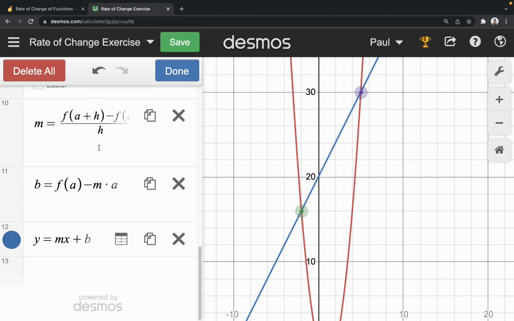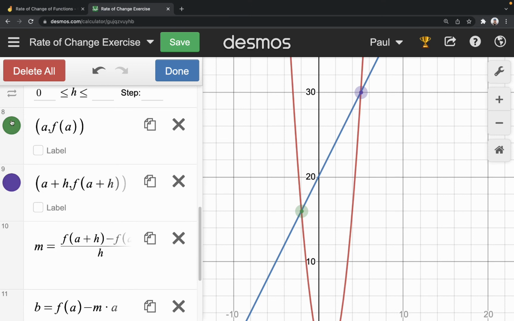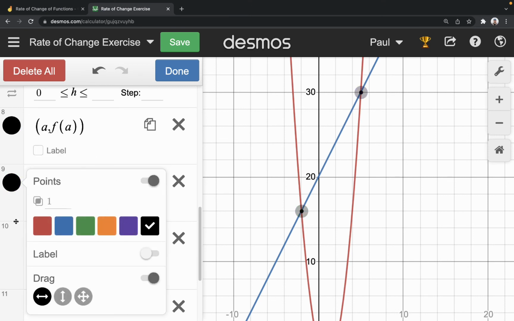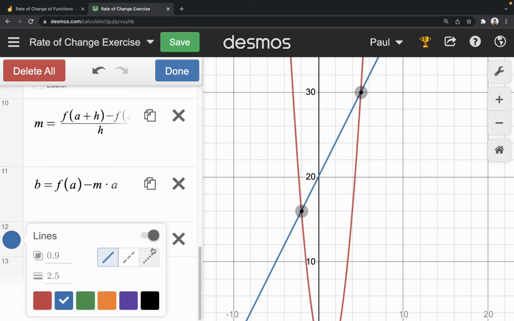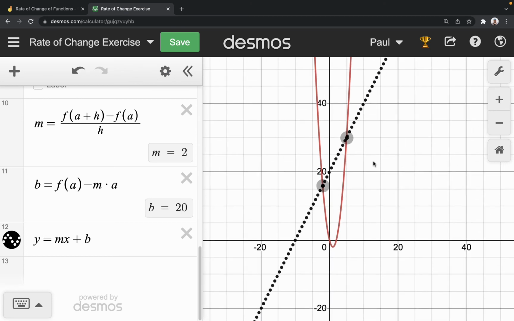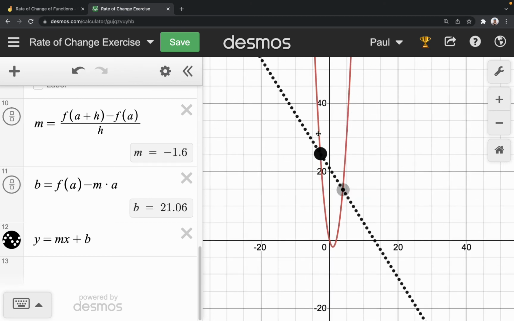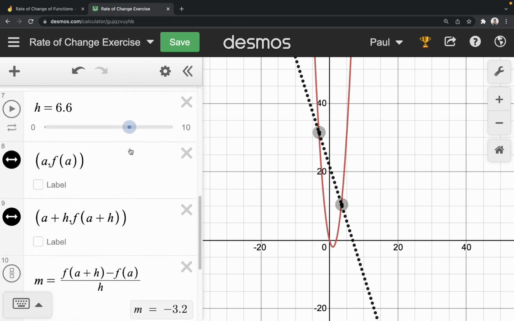One thing you can do is change colors and things like that. I might just change all of those to match. We've got black points, and let's go with a dotted black line there. Now, what we've got is a line that goes from one point to the next. I can slide it around.